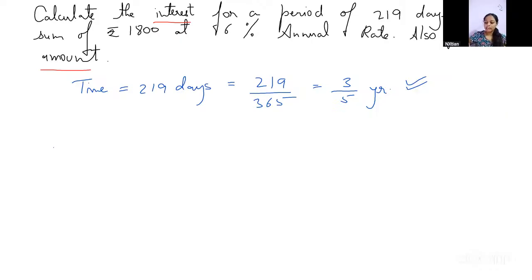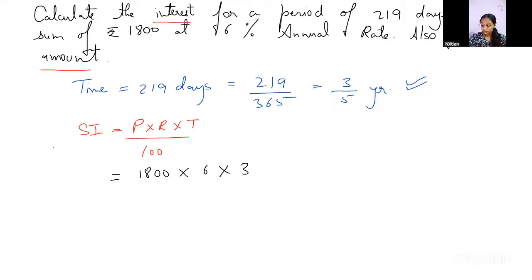Now put it in the formula. Simple interest equals to P into R into T upon 100. How much principal? Principal is my 1800 multiplied by 6 multiplied by 3 divided by 100 into 5.